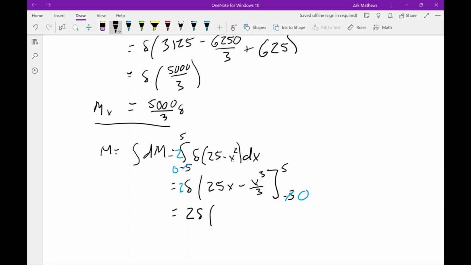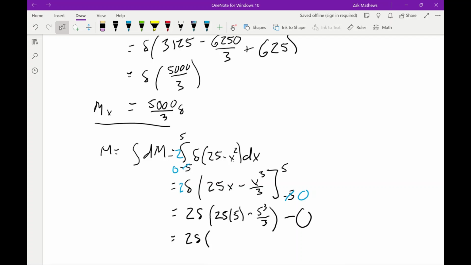And so we'll plug in the 5, we'll have 25 times 5 minus 5 cubed over 3. And then we'll subtract off what we get when we plug in 0. And of course, if we plug in 0, we're just getting 0. So we will have 2 delta. 25 times 5 is 125 minus 125 over 3.